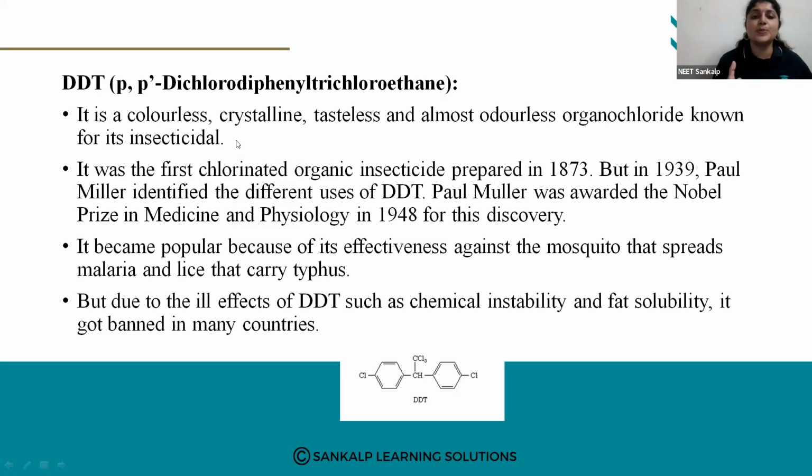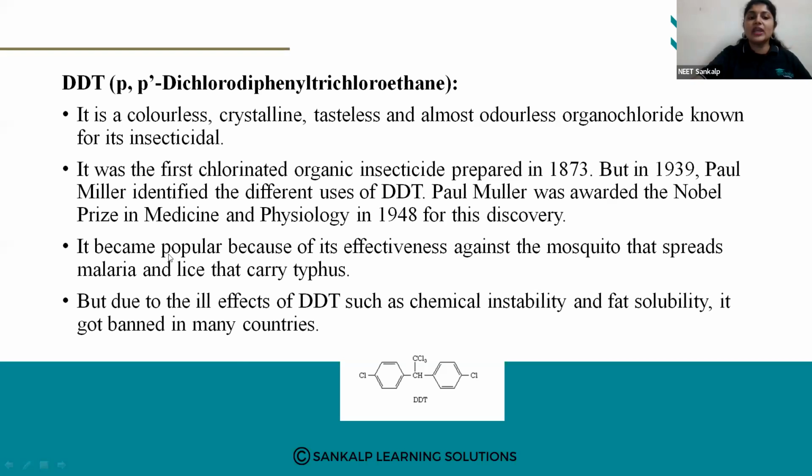It was the first chlorinated organic insecticide, prepared in 1873, but in 1939, Paul Müller identified the different uses of DDT. Paul Müller was awarded the Nobel Prize in Medicine and Physiology for this discovery.